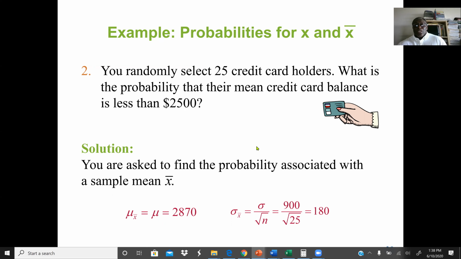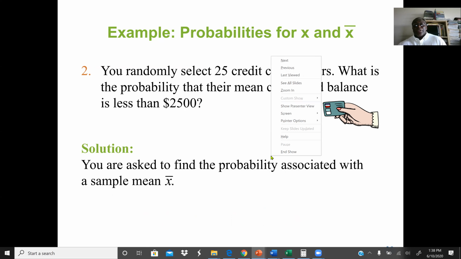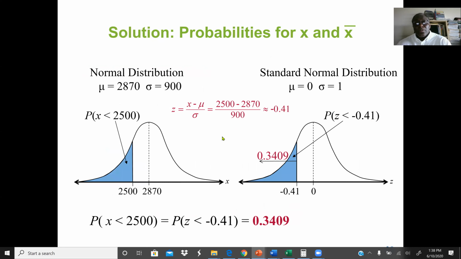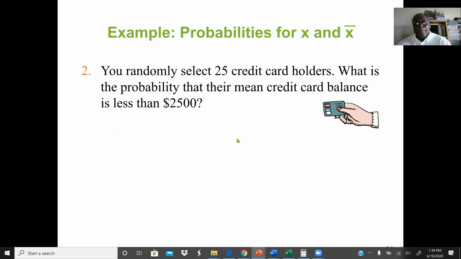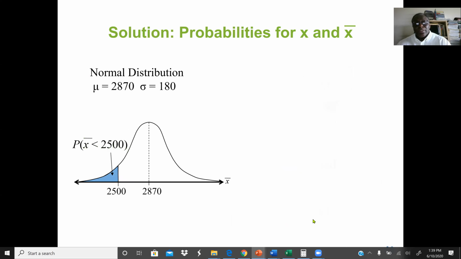In the previous slide, the standard deviation is given to be 900. So 900 over the square root of the sample size, 25. So we get 180.